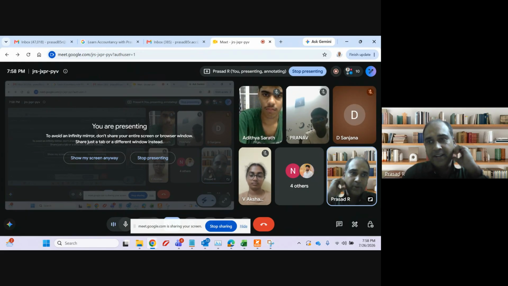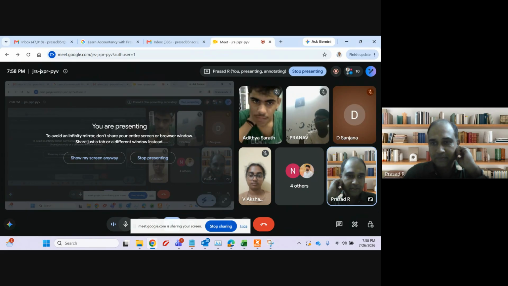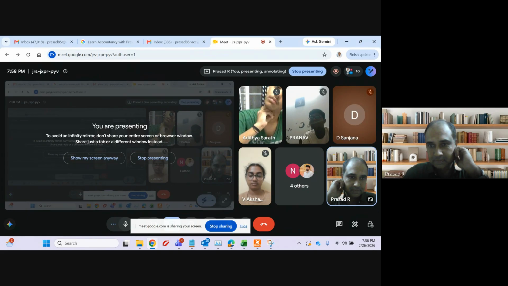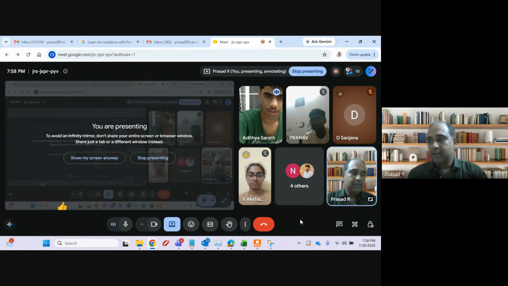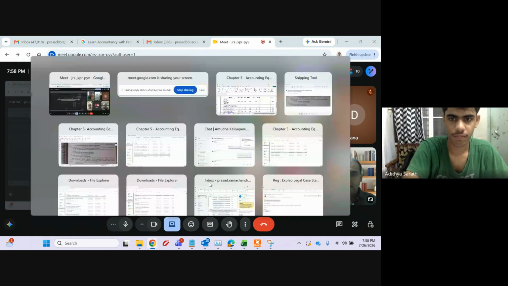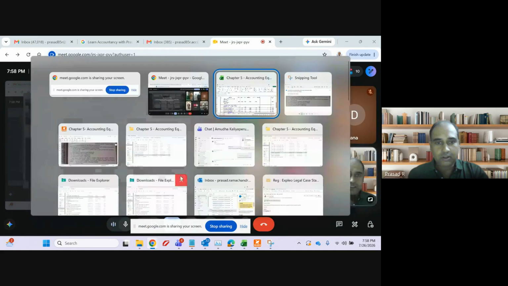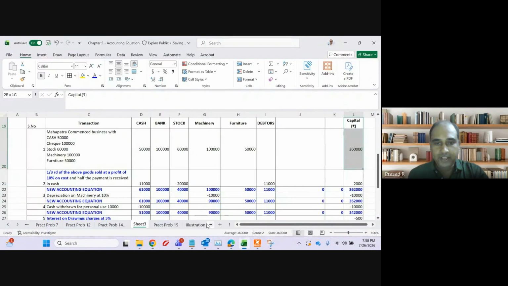And the accounting treatment is the same, plus and minus both under capital, whether it is interest on drawing or interest on capital. Clear, guys? Any doubt? No doubt, sir. This was my discussion on practical problem 14.